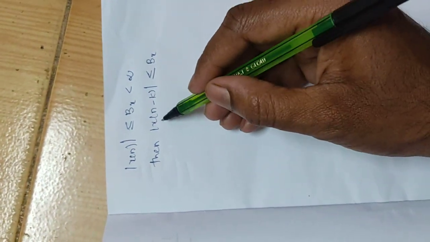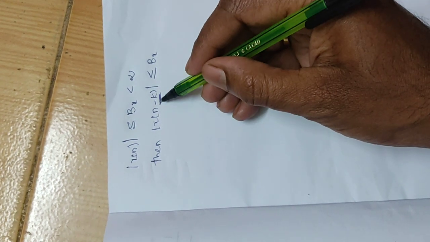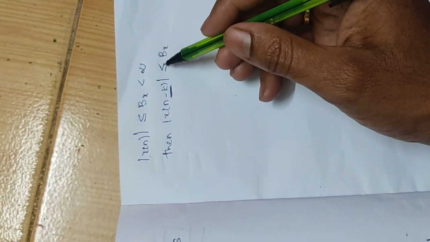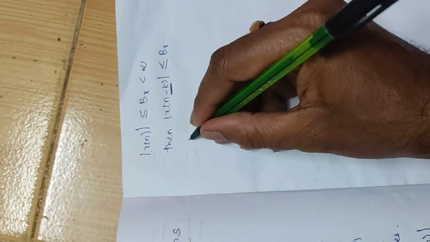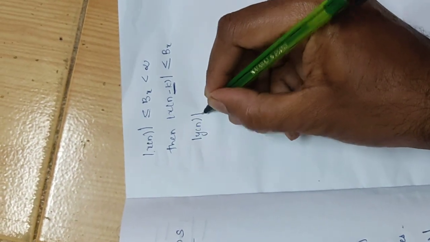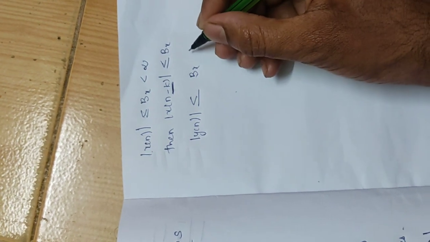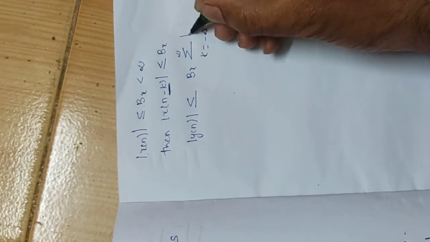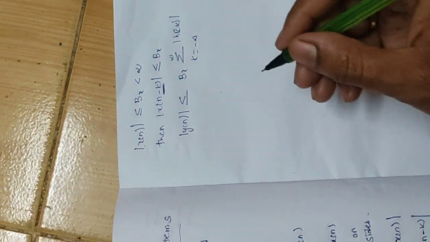Because even if you shift the signal by k samples, there will be no change in the boundedness. So modulus of y of n is less than or equal to bx times the summation k equals minus infinity to infinity of modulus of h of k.